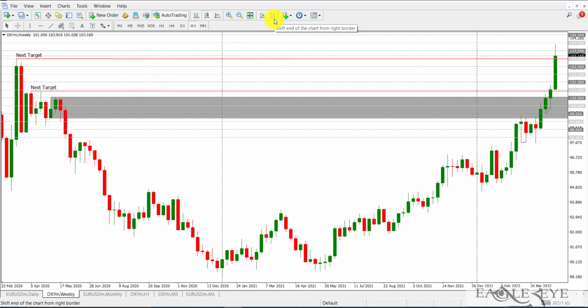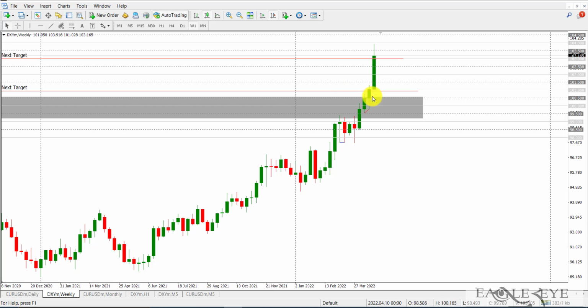Okay, so this is the weekly chart for the dollar index. If you have watched the previous recap, I was talking about these highs. These highs I've indicated also mark the next target and the next target. We took the first target in the week from 18th to 22nd.